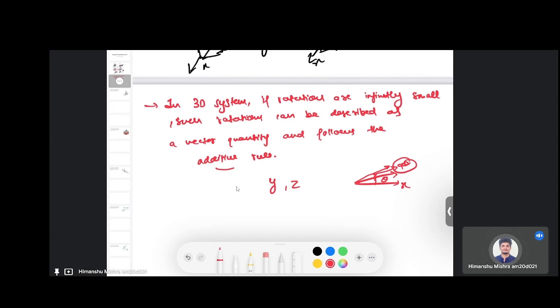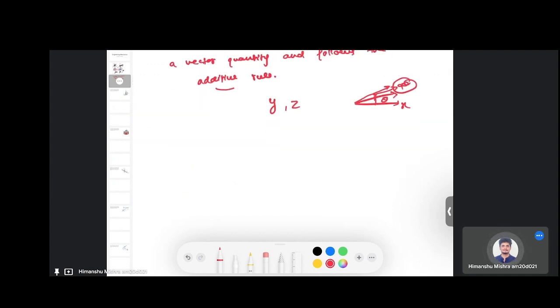So now, if I can define d theta as a vector, I can use all other vector formulation and write the equation to analyze the rotation rate. So this actually follows the vector property.